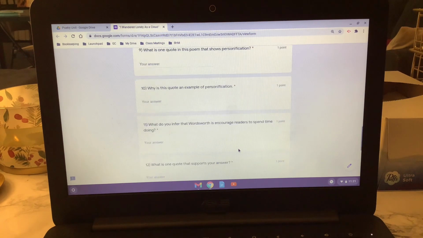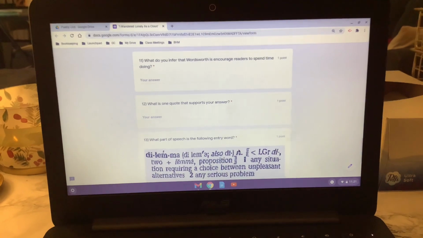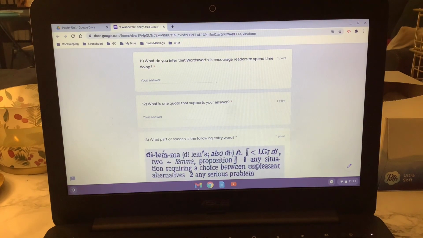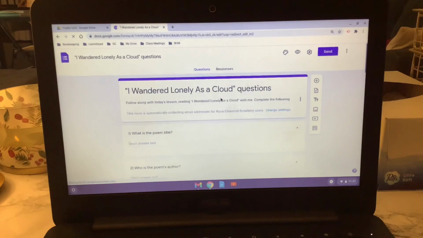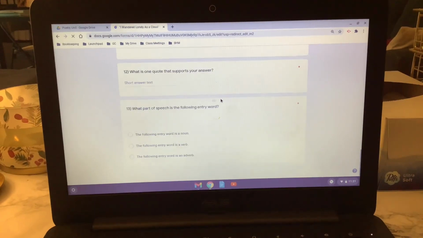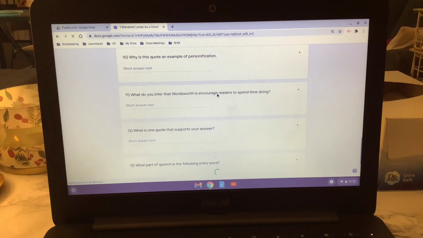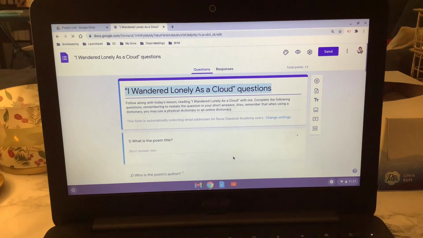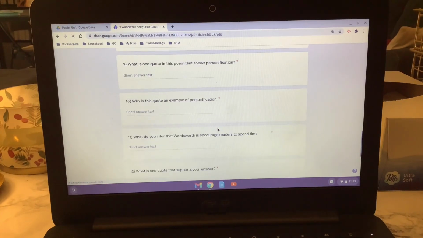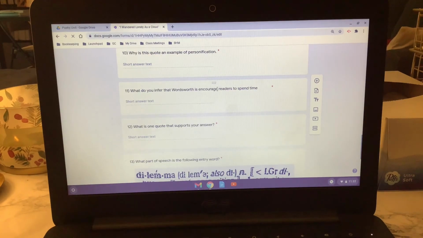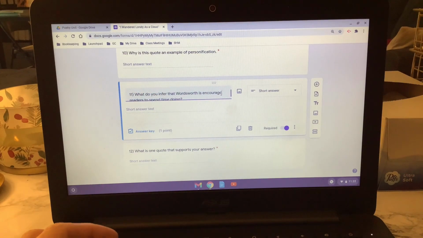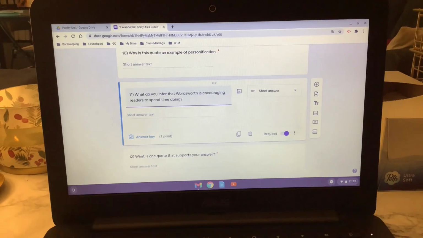11 asks, what do you infer that Wordsworth is encouraging readers to spend time doing? A typo, that should say encouraging. Okay. So I infer that Wordsworth is encouraging readers to spend time blank. I'm so sorry. This thing is bouncing all over the place. 12.